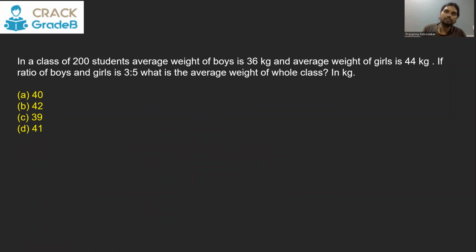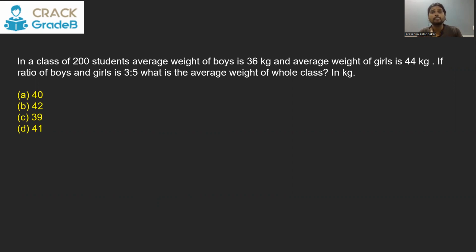In the next sessions, we'll see how that is connected with allegation. Allegation and weighted average are the 2 sides of the same coin. They are basically the same thing, but we use them under different types of questions. So let's see quickly what is allegation and what is the weighted average in this question.